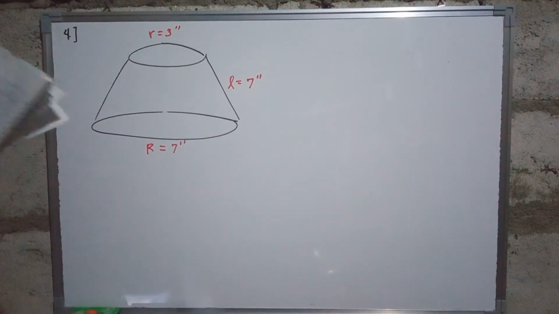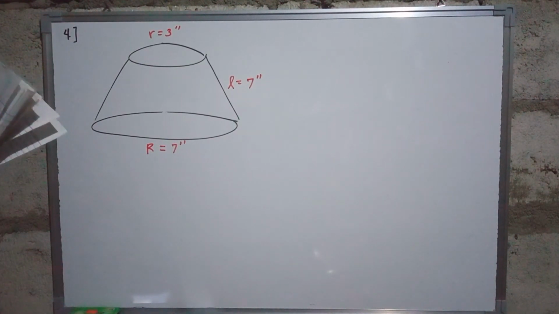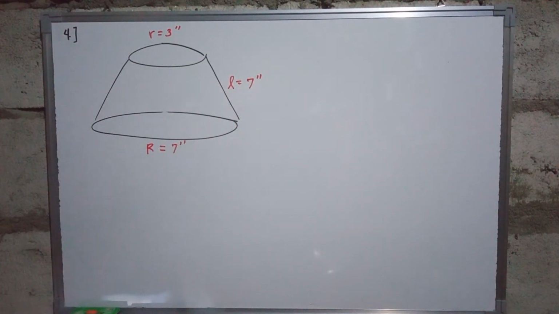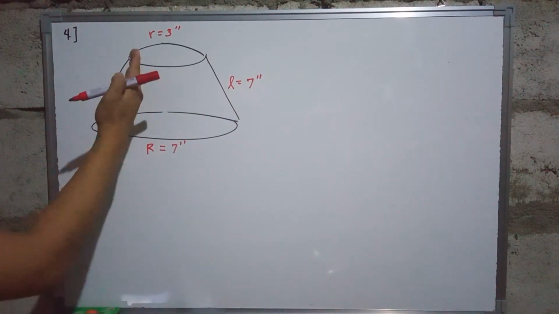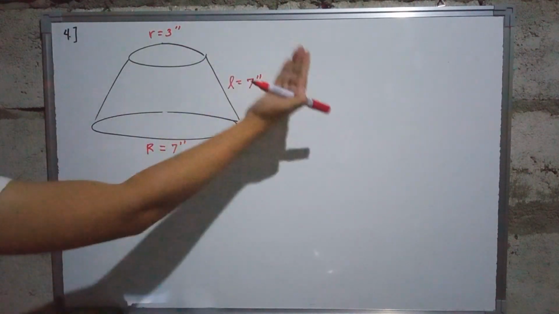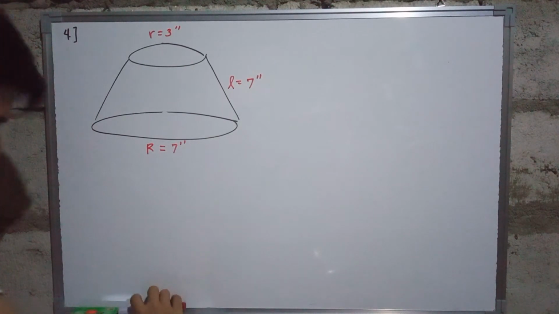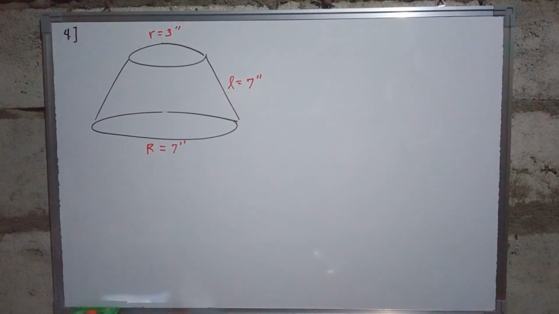So, hahanapin natin is the material use. So, nasabi ko nga sa inyo, di ba, makukuha natin yung material use dun sa lampshade natin, dun sa lateral area niya. Kunin natin yung lateral area ng frustum natin. So, nabanggit ko sa inyo na yung general formula na lang yung gamitin natin.